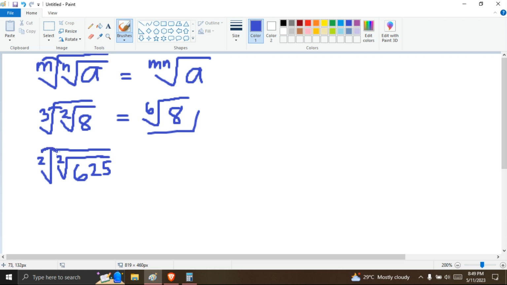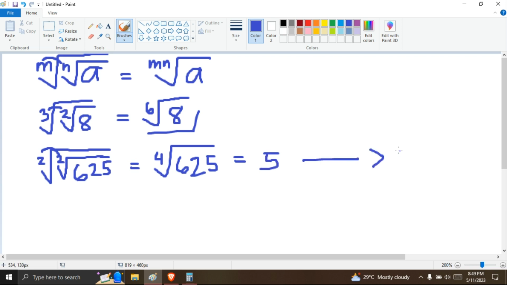So we multiply the two, so that is equal to the 4th root of 625. We can still extract 625. So that is equal to 5. Because if you reverse that, 5 to the power of 4, you multiply 5 four times, so that is 625. So therefore, your answer is 5.